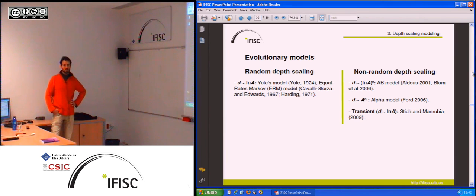We need more statistics, and the most important thing is that we have a big problem with the data: we need bigger phylogenetic trees in order to characterize the large scaling level. That's an open question.